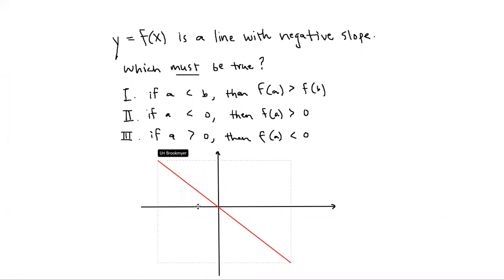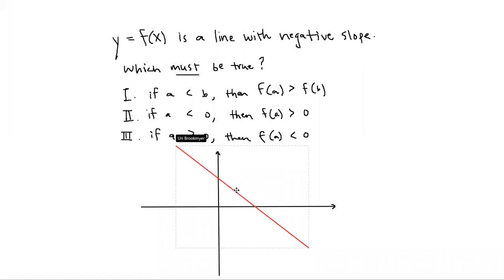In other words, if we move the line down here, for instance, and then we pick values for a and b, so long as a is less than b, is it still the case that f of a is greater than f of b? It seems like, yet again, things work out. You can try testing this in the third scenario yourself, where the line has a positive y-intercept and perhaps looks something like this. You'll find that in all three cases, option 1 is true. As long as a is less than b, f of a will be greater than f of b.